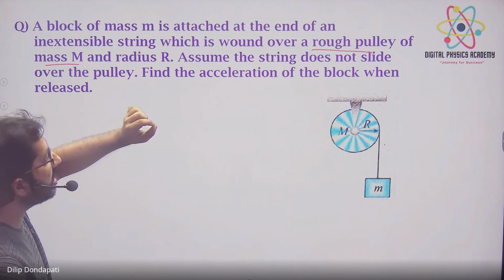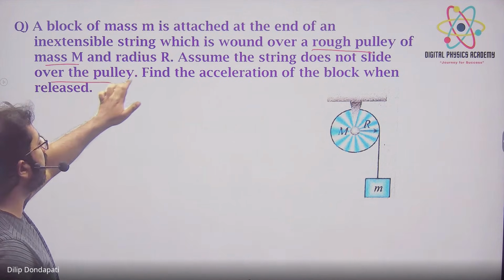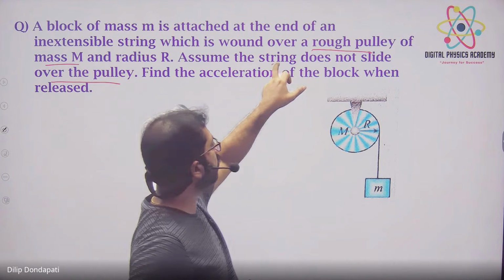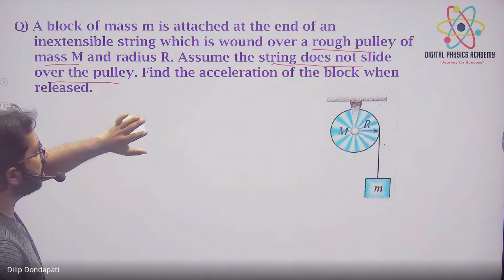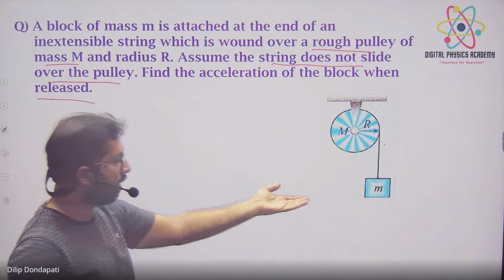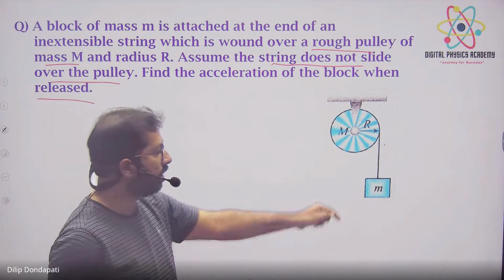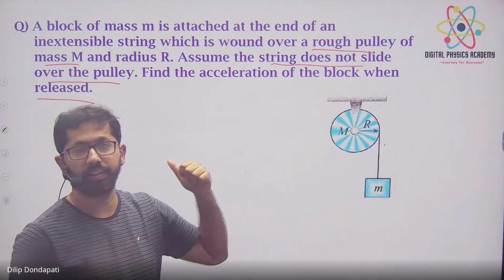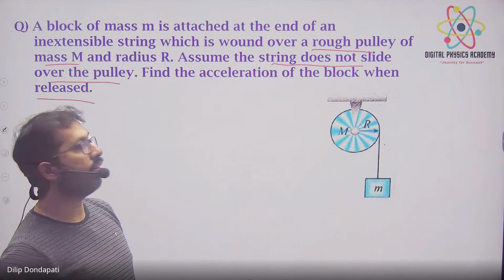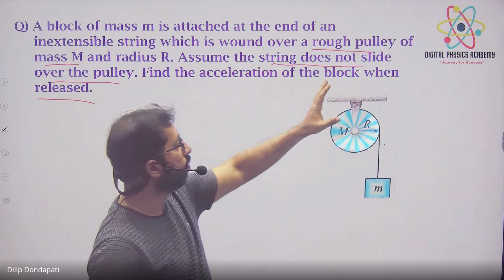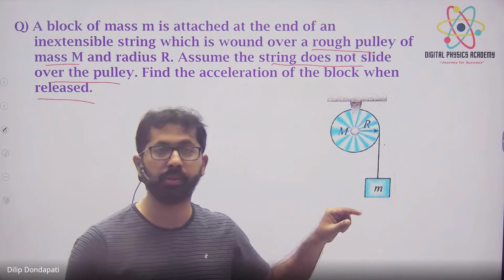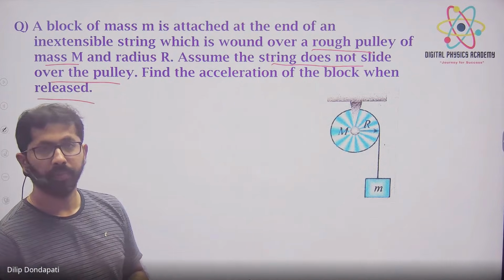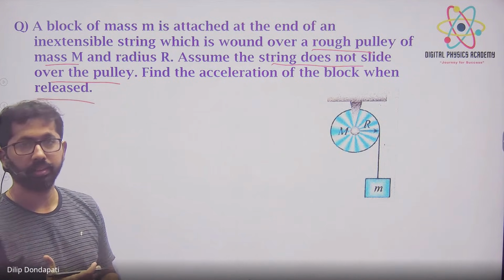Assume that string does not slide over the pulley. ये sentences क्यों दे रहे हैं वो सब अब समझ में आएगा. String does not slide on pulley. Find the acceleration of the block when released. मैं पकड़ के रखा, when I released, इसका acceleration कितना है? But here before that I have to know these sentences. What is the difference पुराने वाला न्यूटन लॉ में पुल्ली एंड मास का, इसमें क्या फर्क है? What difference is it?